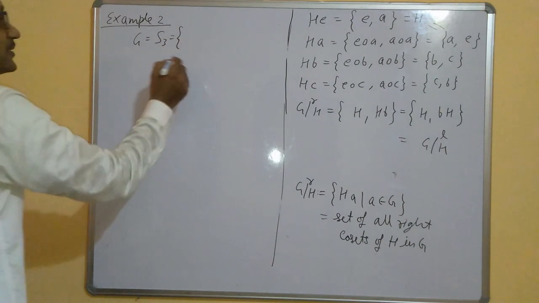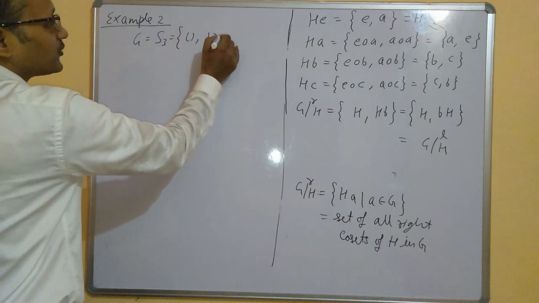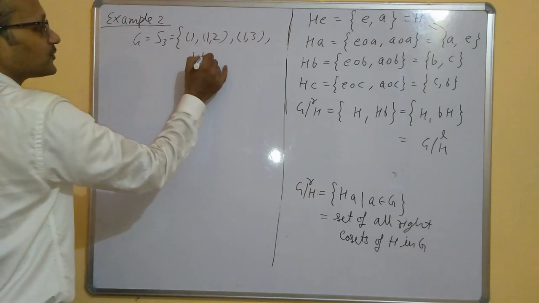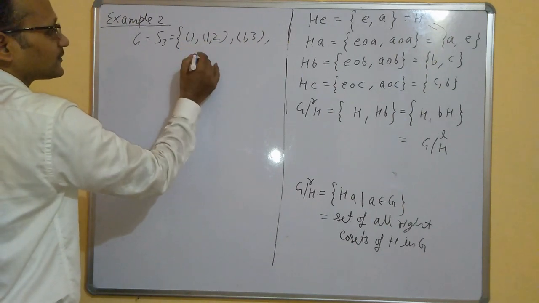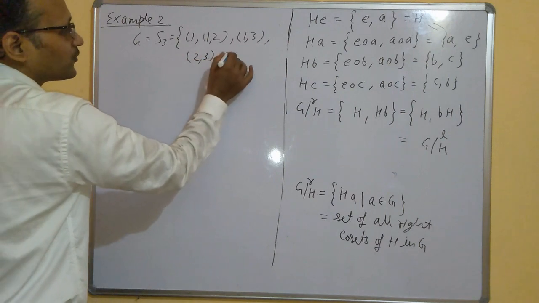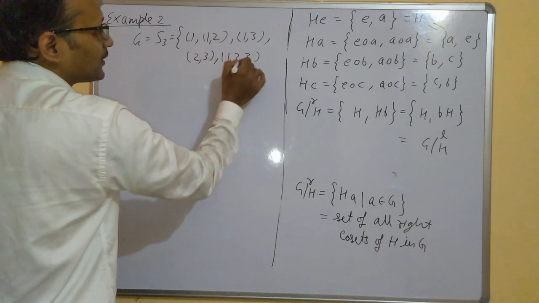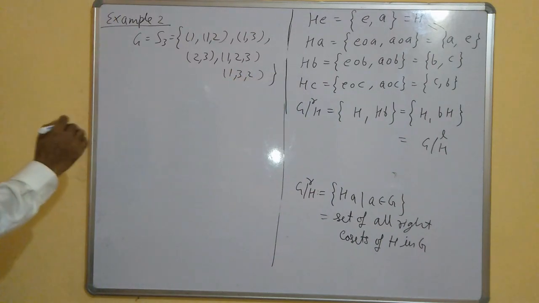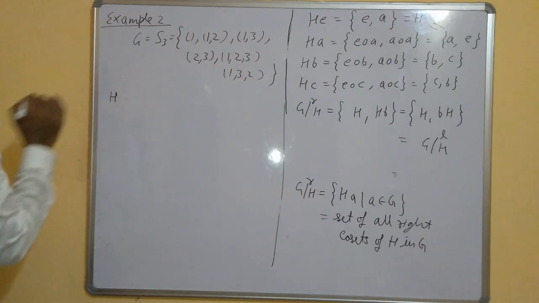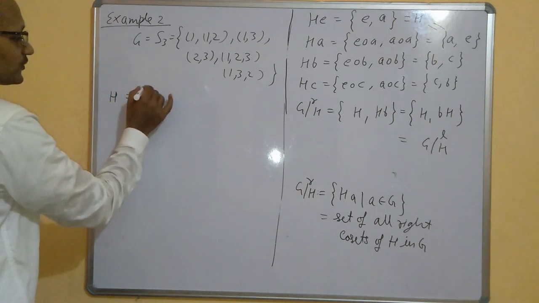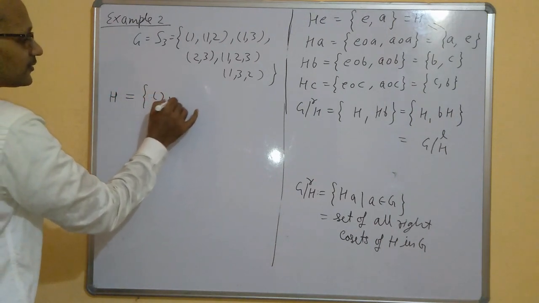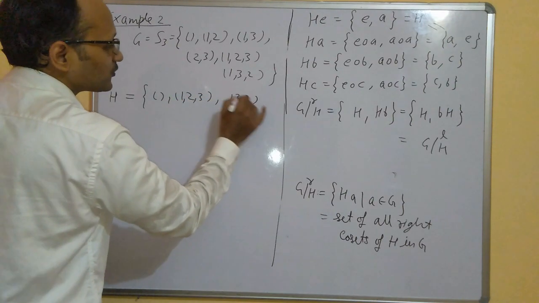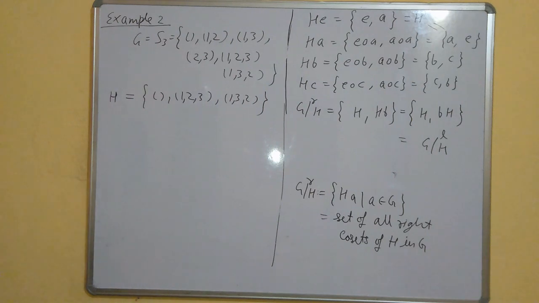S3 has 6 elements: identity, (1 2), (1 3), (2 3), (1 2 3) and (1 3 2). These are the 6 elements of S3. So let me take a subgroup of S3, H, equal to identity, (1 2 3) and (1 3 2). So I take a subgroup like this.